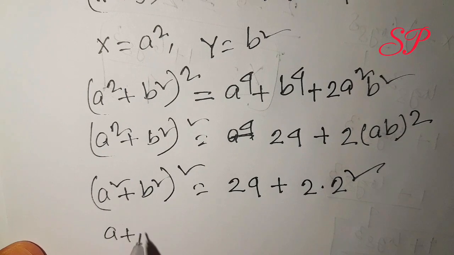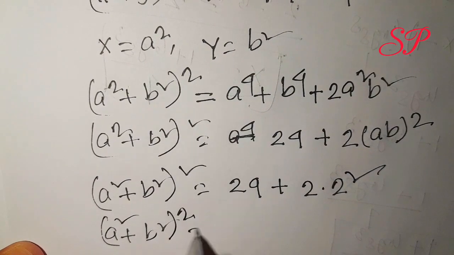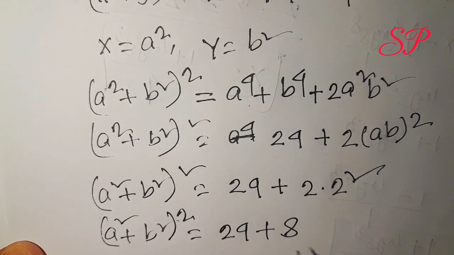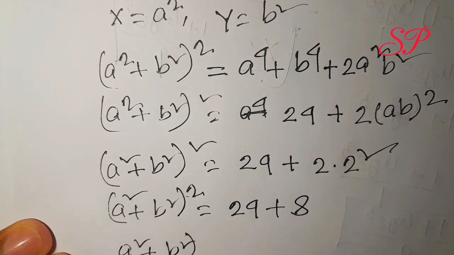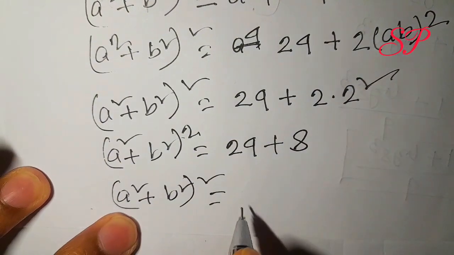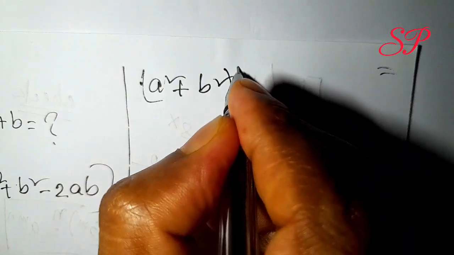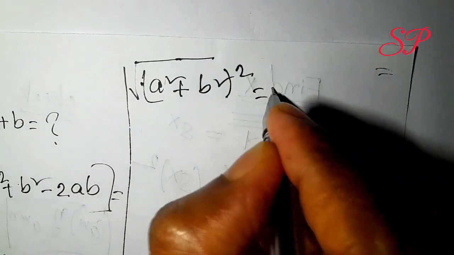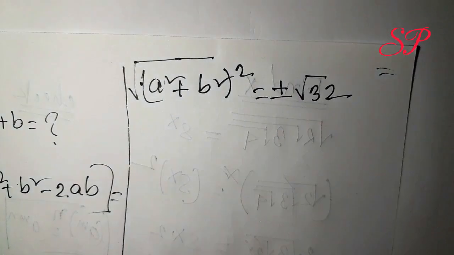Then a square plus b square all square is equal to 24 plus 2 into 2 square. So a square plus b square whole square is equal to 24 plus 8, and a square plus b square all square is equal to 32. Taking the square root, it is equal to plus minus root 32.